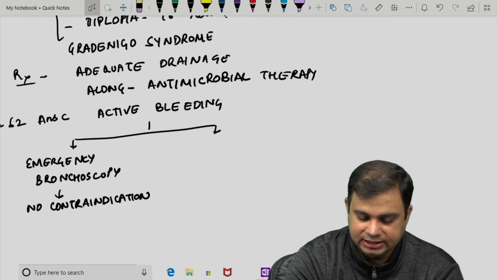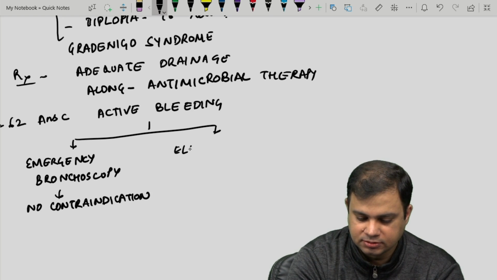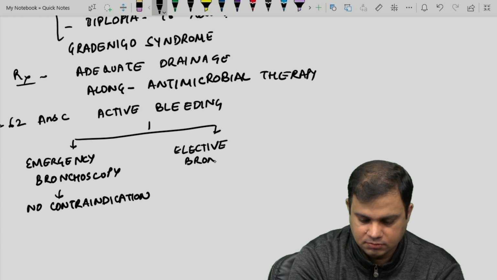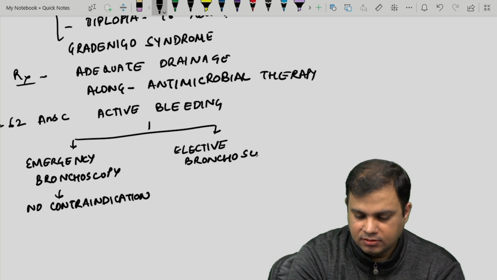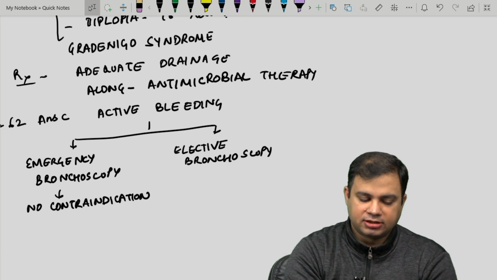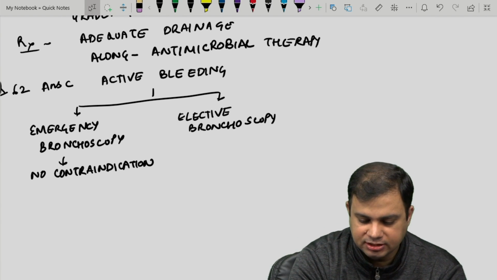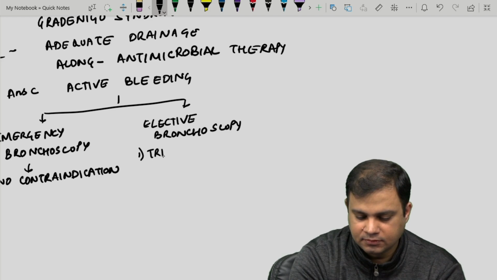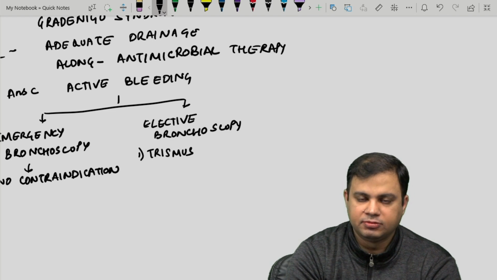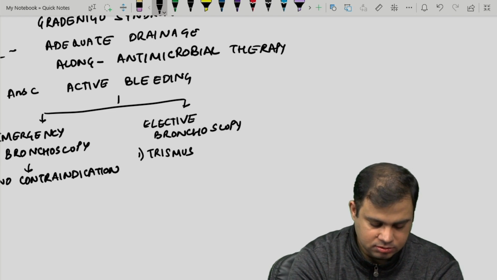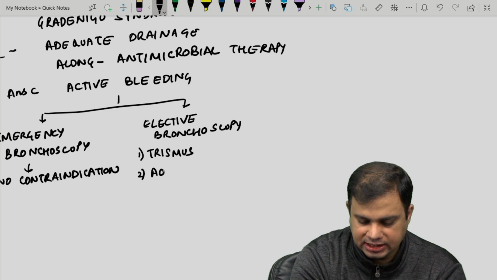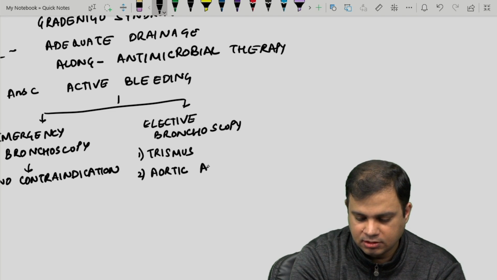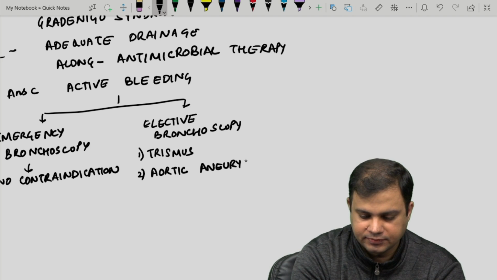If the patient is undergoing an elective bronchoscopy, we can have certain contraindications, which can be trismus, when the patient is unable to open the mouth. Second is aortic aneurysm.